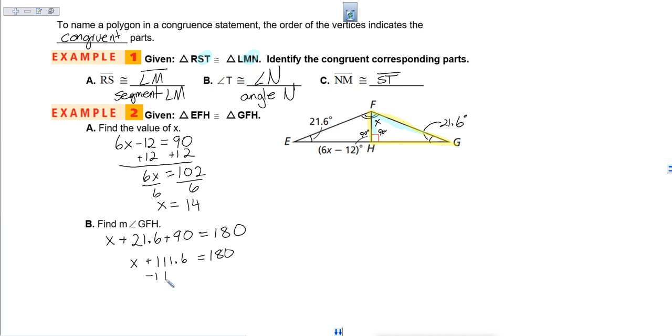Subtract 111.6 from both sides. And we get 68.4 for x, which is the measure of angle GFH.